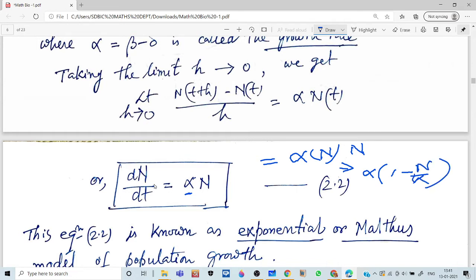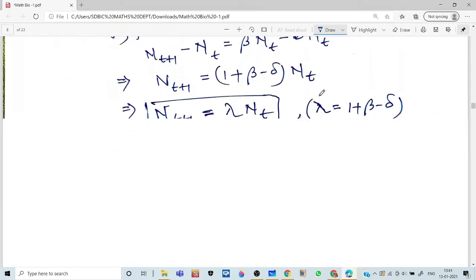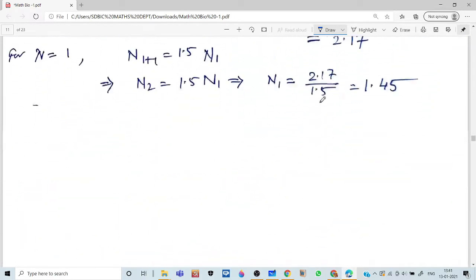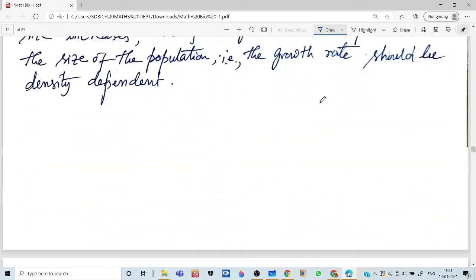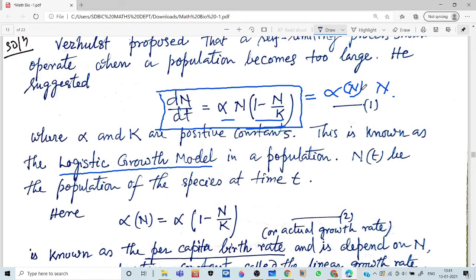K is some constant; later we will determine its value. So in the logistic growth model, dN/dt equals alpha(N) into N, where alpha(N) is given by alpha into (1 minus N by K).